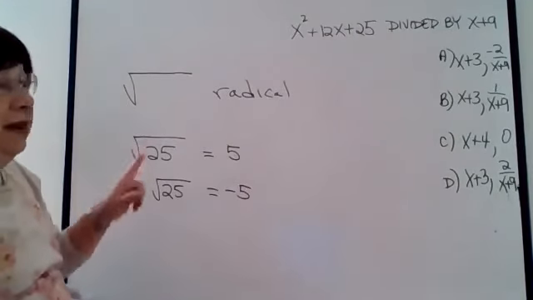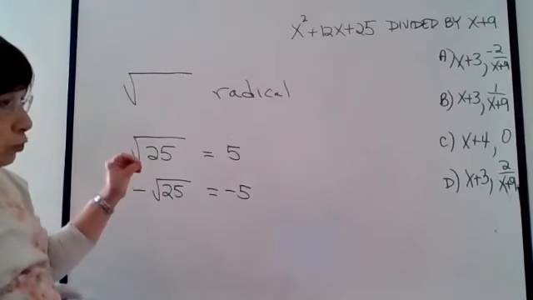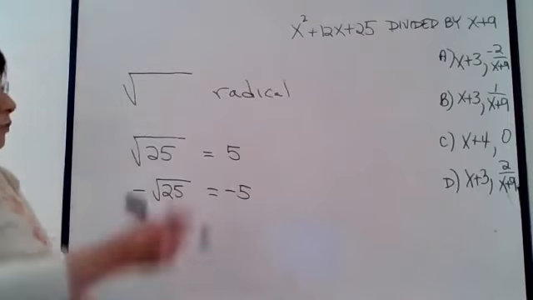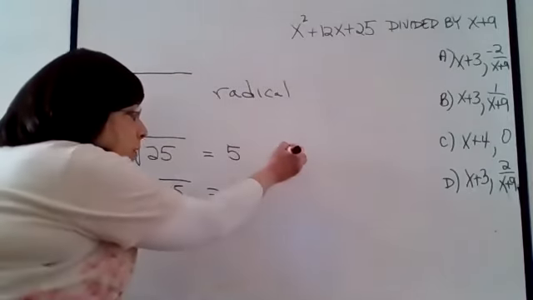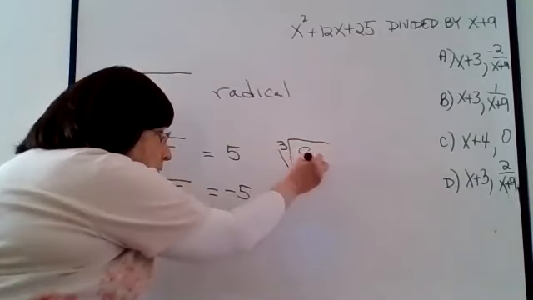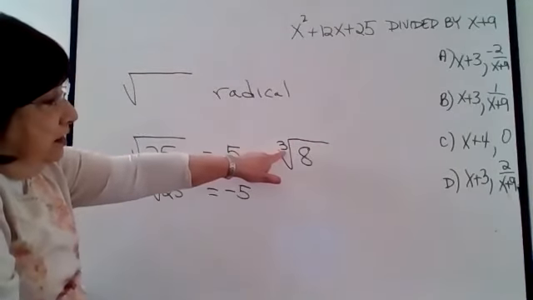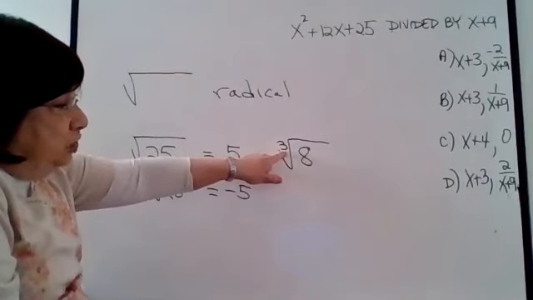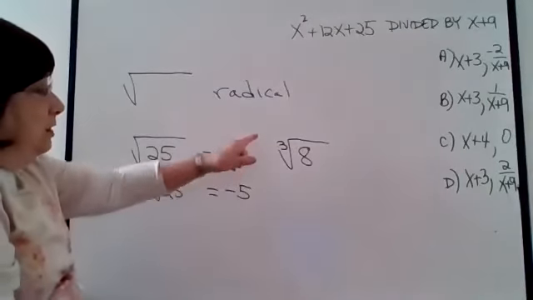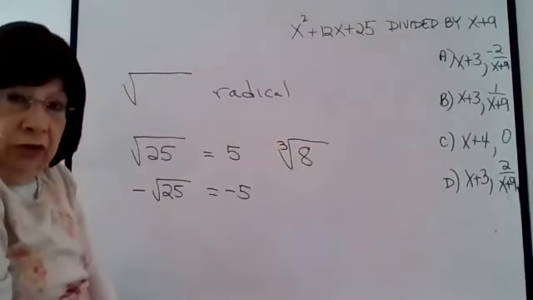Now, this radical sign is not used just for square roots. It's used for any kind of root. For example, you might see this symbol, a number where there's a little number inside that check mark. Now that number is called the index. This is read the third root of 8, or cube root of 8.